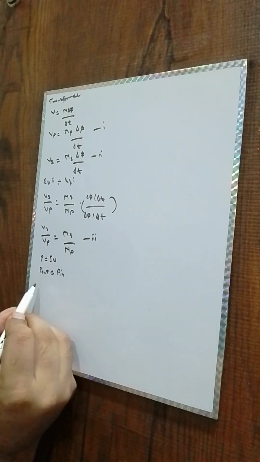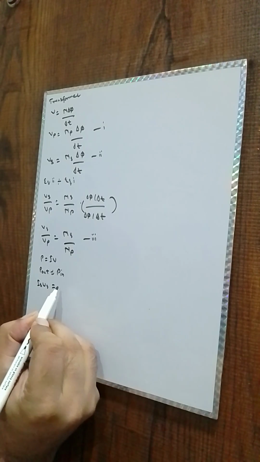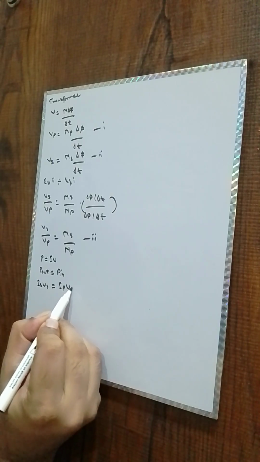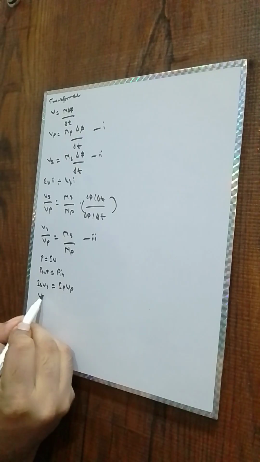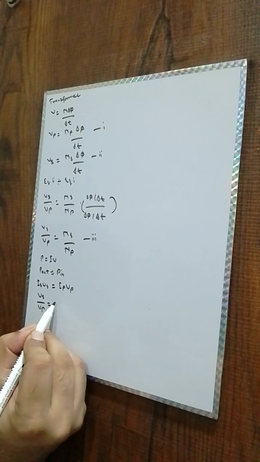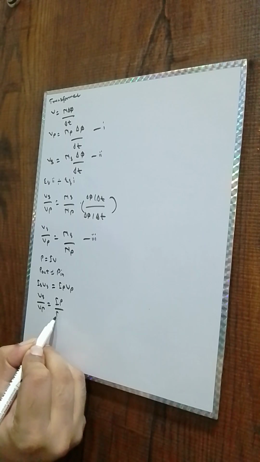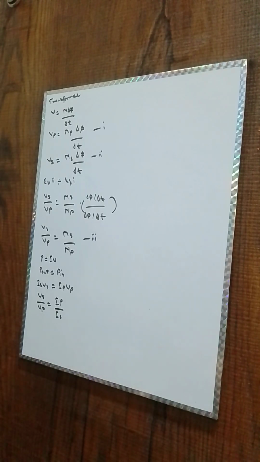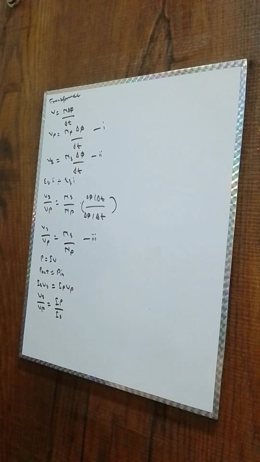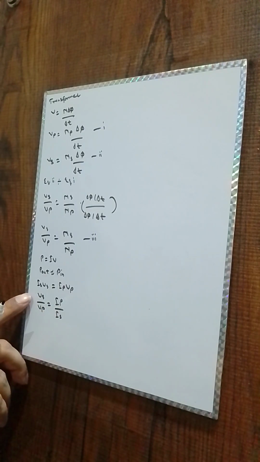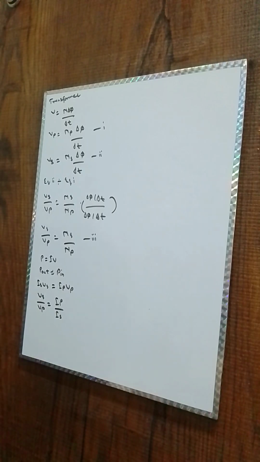So out is the secondary set, so IsVs can be equated to IpVp, the product of current and voltage in the secondary set to that in the primary set. This gives us Vs by Vp is equal to Ip by Is. Now things change a little bit because now we have it reciprocated. The ratio of the current in the primary to the secondary is equal to the ratio of the voltages in the secondary to the primary.